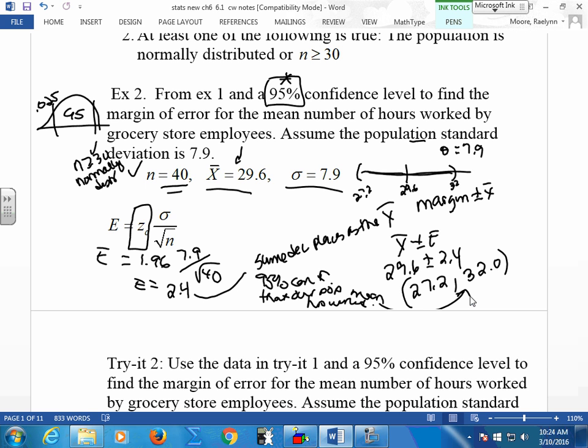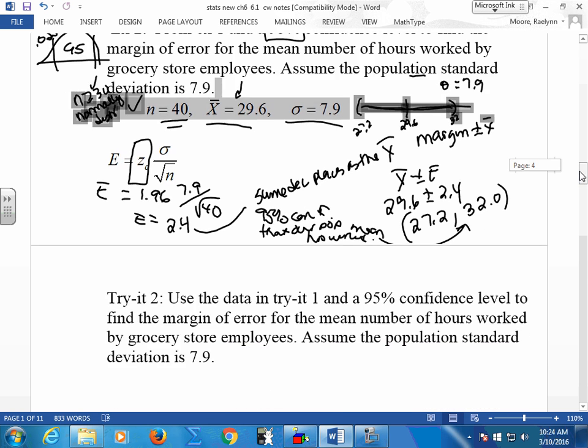So when I build my confidence interval, I'll subtract from my mean and I'll add to my mean. Now I'm making an inference that my population mean will actually fall between these two numbers.